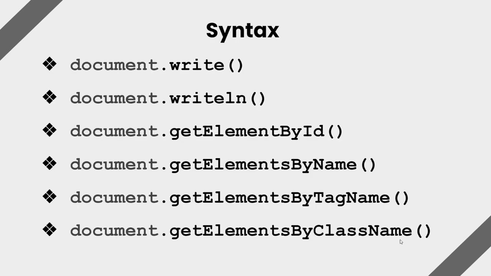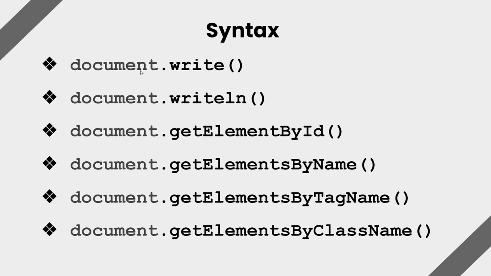So here we have the syntax of the document object together with different methods of the DOM. For the first method, we had the .write method, and you can see the syntax here. It begins with the document object, then .write. This particular syntax can be used to output content on your HTML page in the browser.